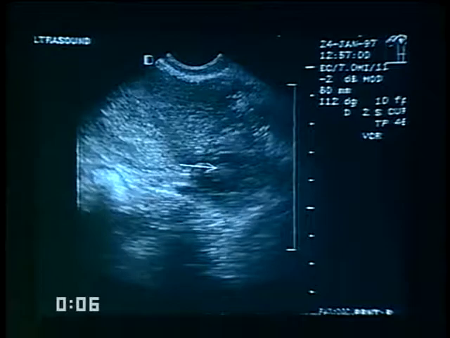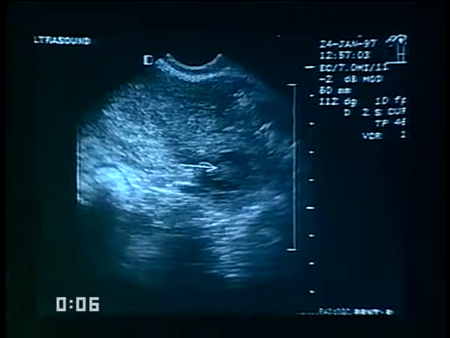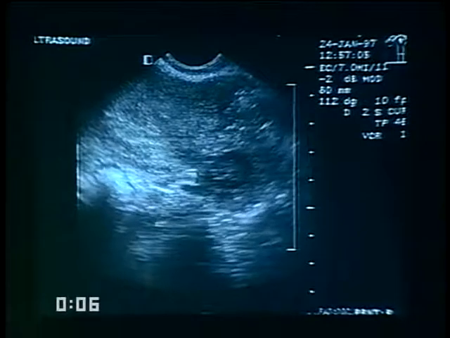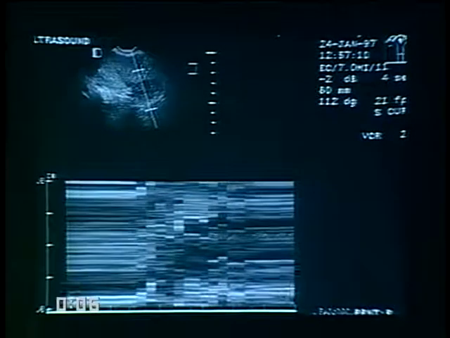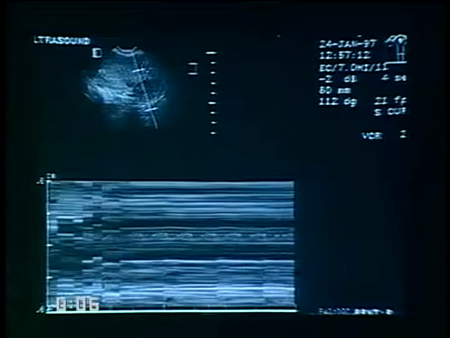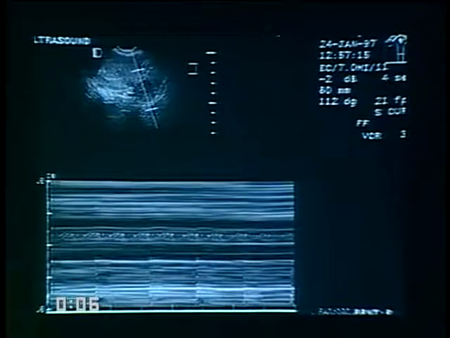Case 5, transvaginal ultrasound. You can see that we're getting a nice M-mode tracing.